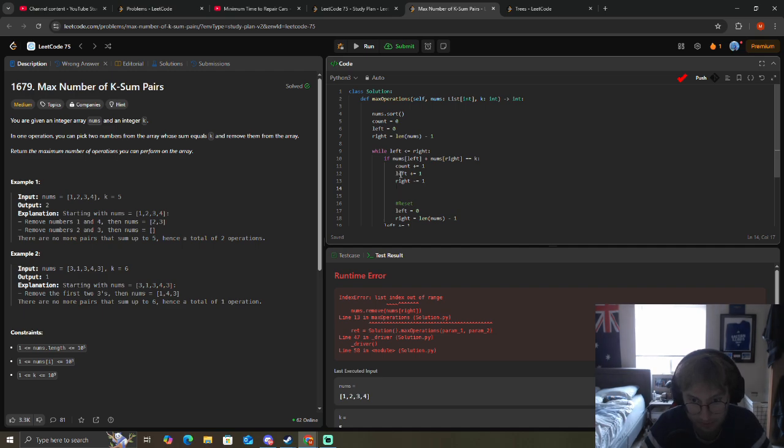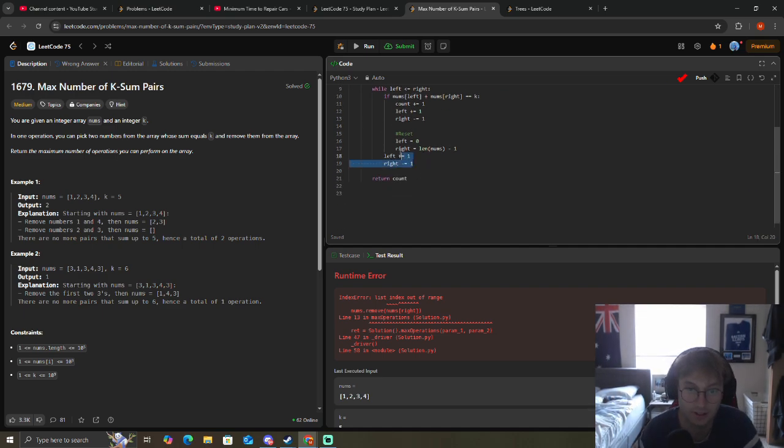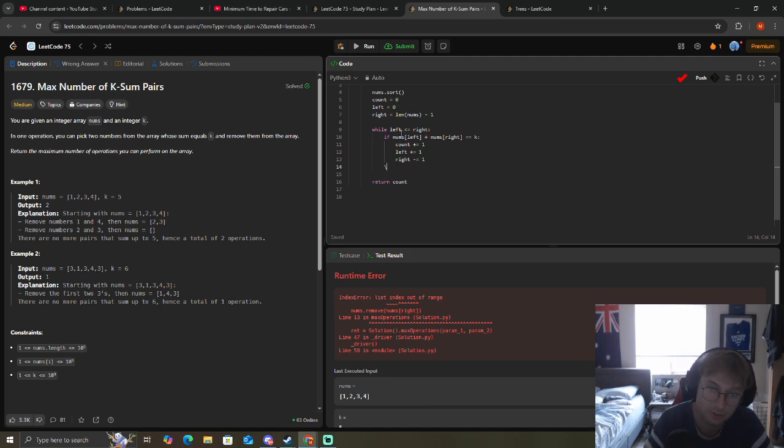Right minus equal to 1, right? But then instead of resetting it here, we need to check, well, this is what I was kind of thinking about before, else if, if nums left plus nums right is less than or equal to k, we need a bigger value, so we increase our left, right?